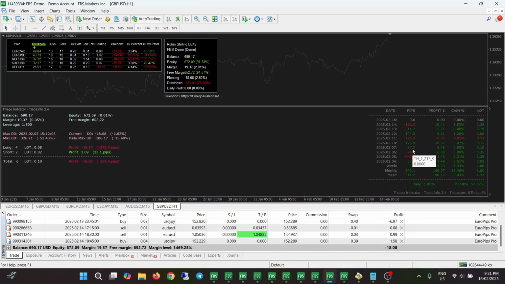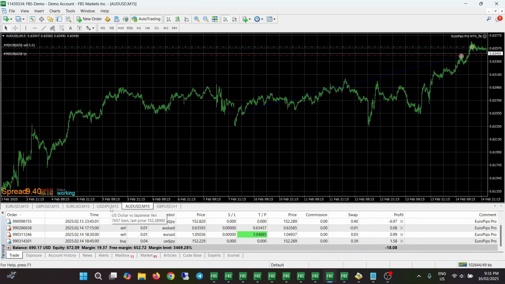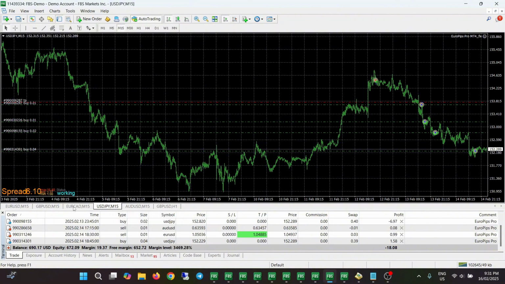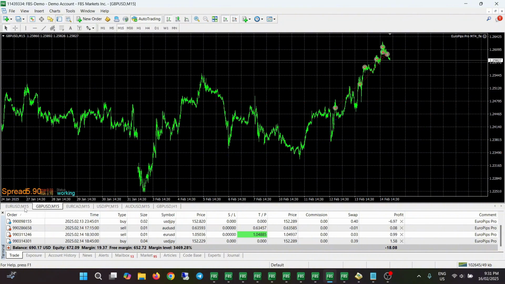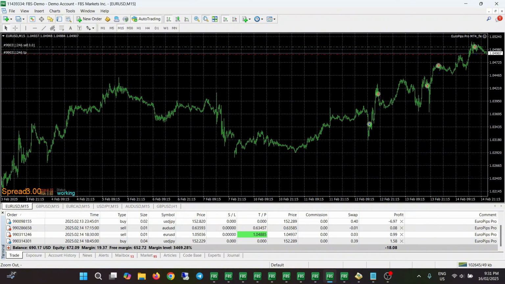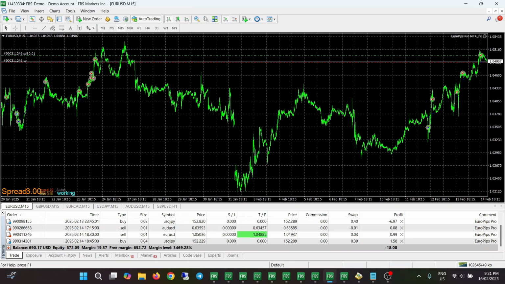And we can see here probably at these negative values is probably where that happened, which is one of these here, Pound USD, Euro USD. So yeah, Euro-Pips, would I add it to portfolio?